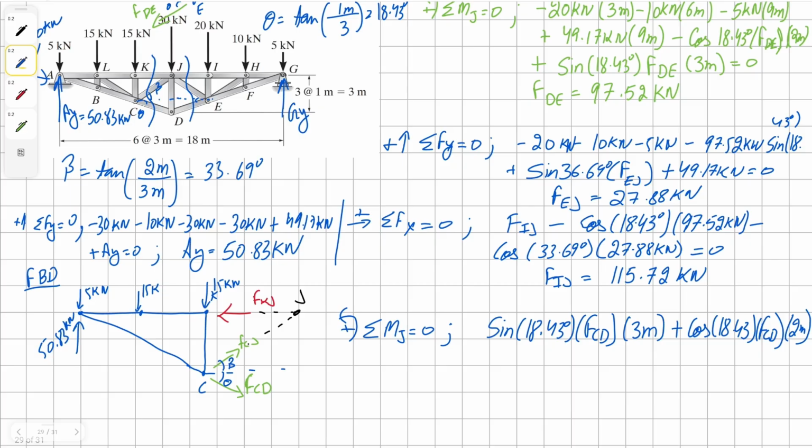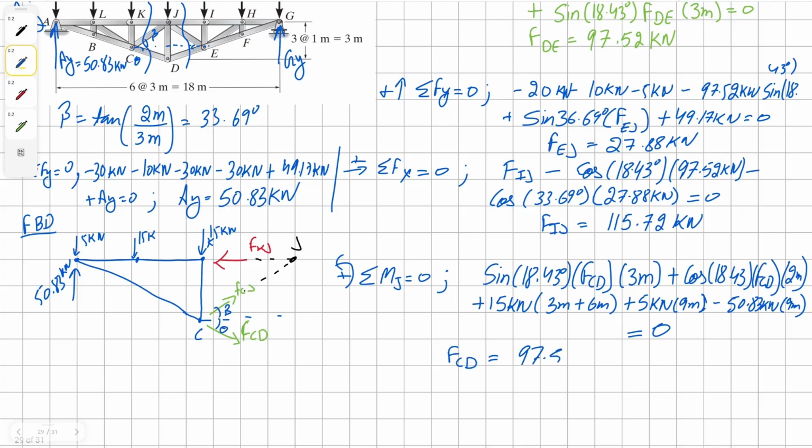Then we have counterclockwise two external reaction forces of 15 kilonewton. One is 3 meters away and the second one is 6 meters away. We have another one, 5 kilonewton counterclockwise, 9 meters away. And then we have clockwise our AY 50.83 kilonewton, 9 meters away, all equals to 0. We get our solution as 97.52 kilonewton.